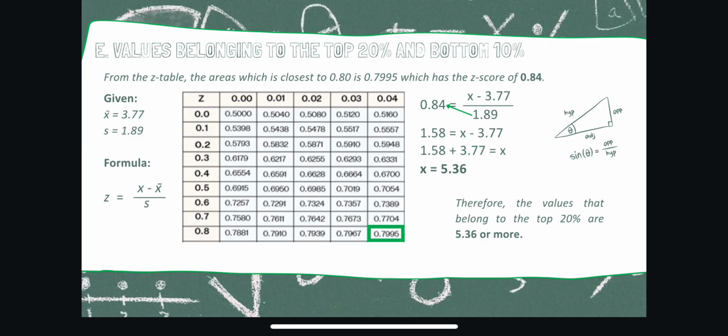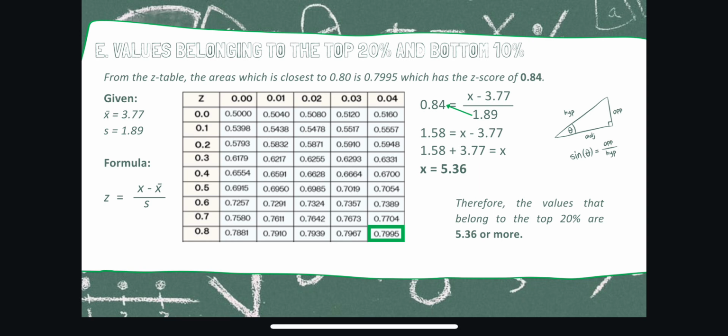First, for the top 20%, we look for the Z-score corresponding to an area of 0.80 in the Z table, which is approximately z equals 0.84.